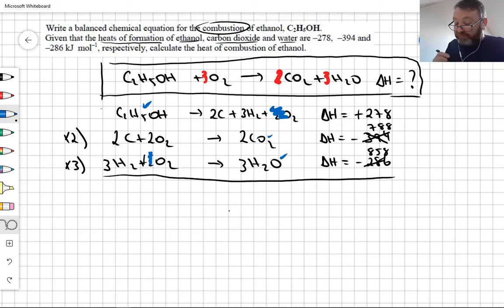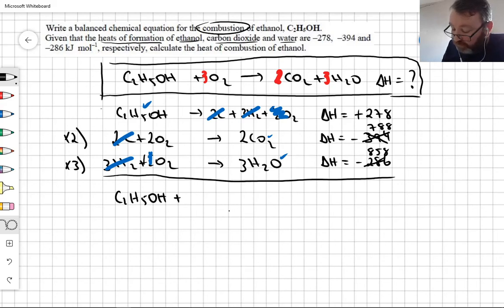Now everything else should cancel. So 2 carbons on the right hand side cancel with 2 carbons on the left. 3 hydrogens on the right hand side cancel with 3 hydrogens on the left. And what is left should be exactly what I need to build my equation. So what we do now is we write down what's left over on both sides. What's left over here? C2H5OH, and what? 2 and 1, 3 O2s.